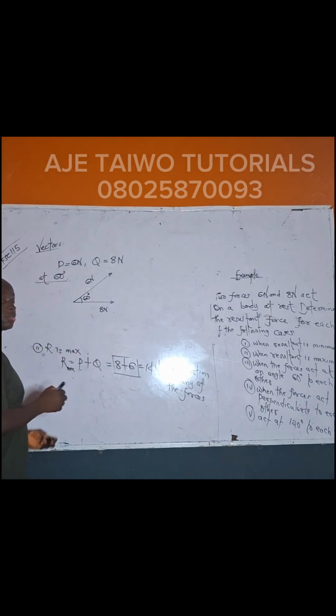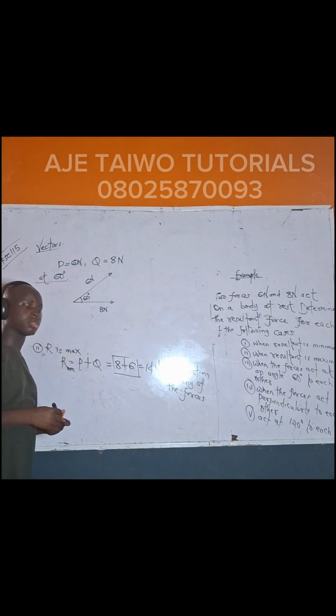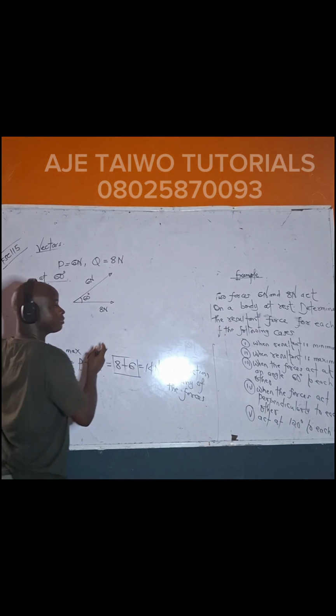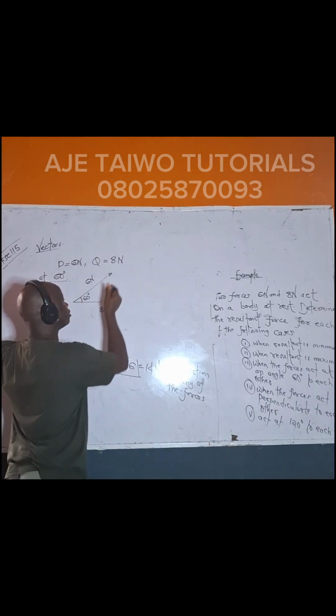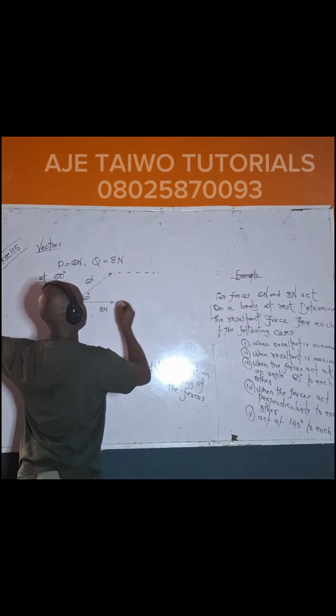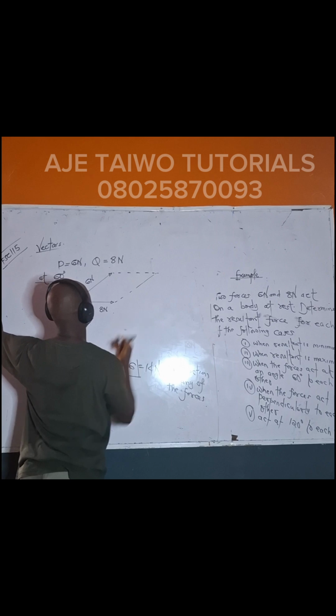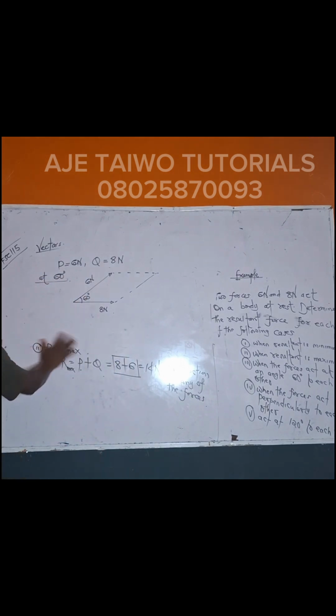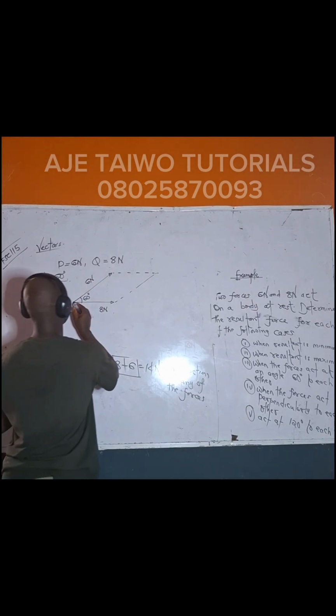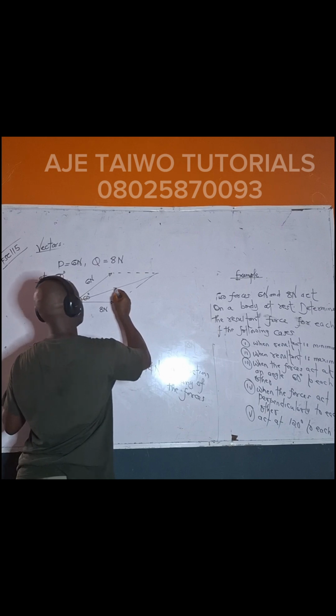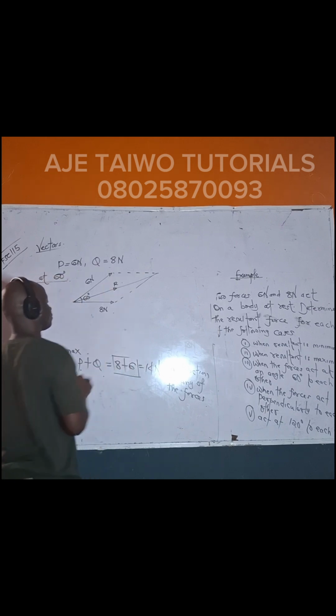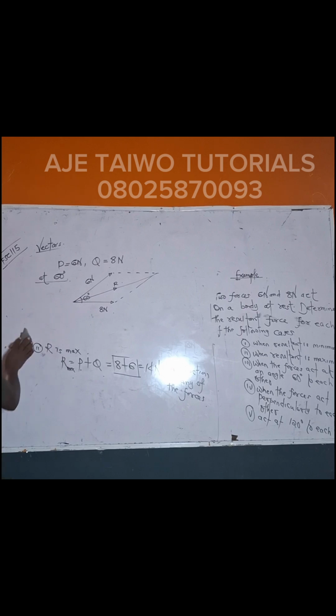I need your attention. So, this will be done by using the parallelogram law of vector addition, though all these have been done by the same method anyway. The resultant is drawn from here. That's the resultant.